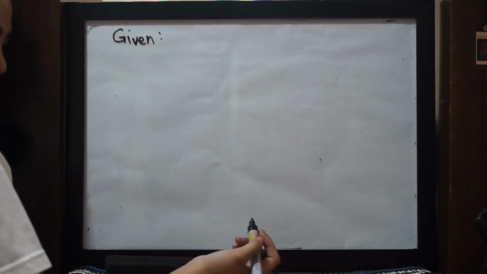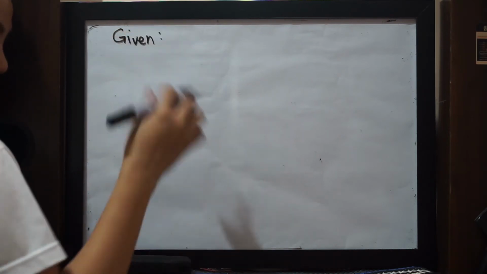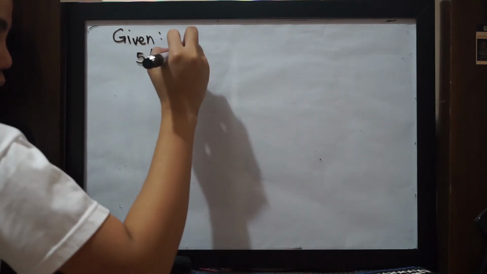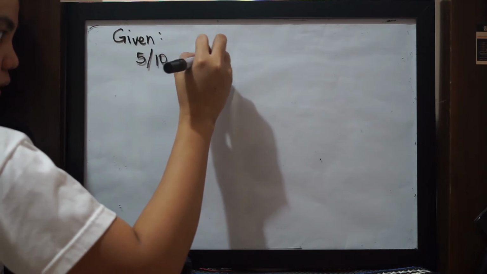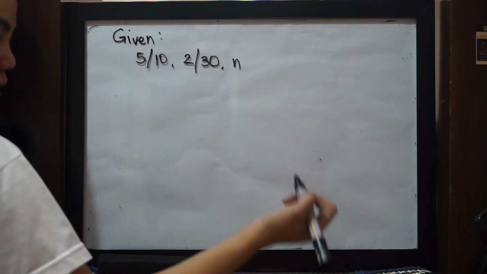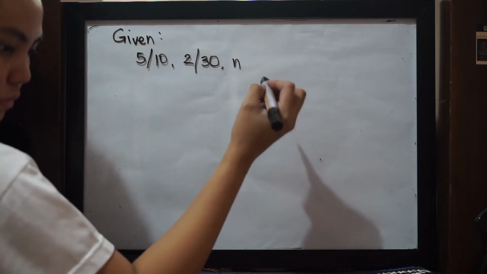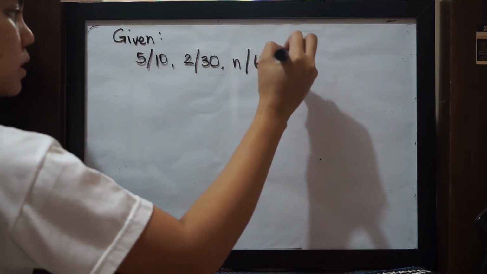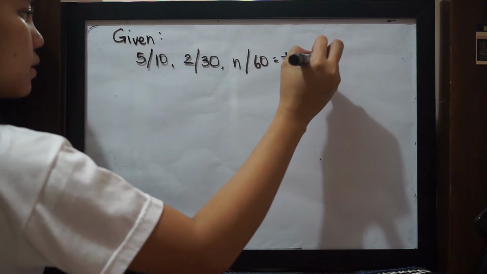So for the given values, the first given value is the terms of discount, which is 5, 10, 2, 30, and 60. These are your terms.